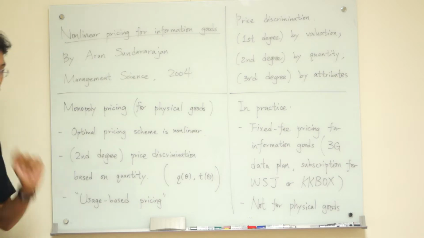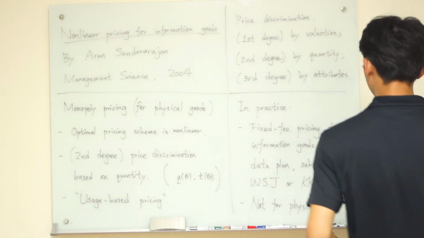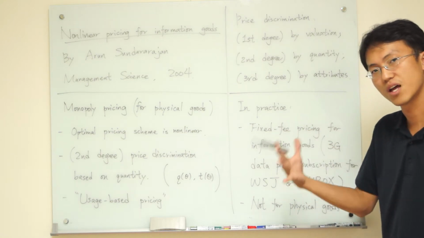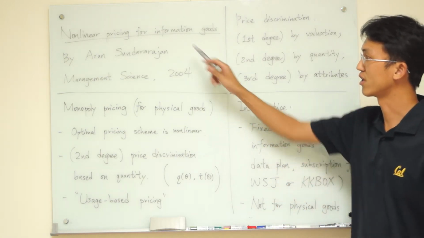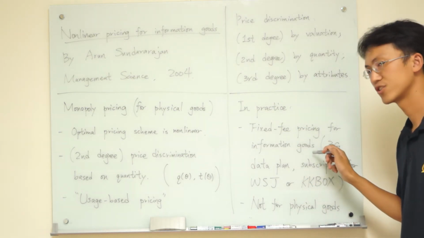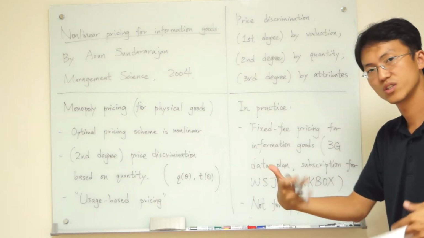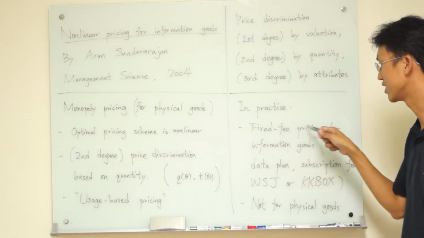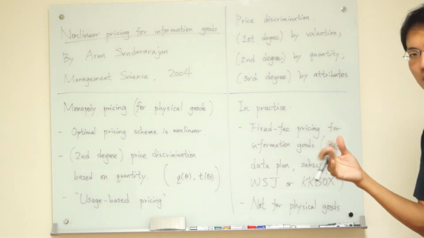Okay, natural. But something that is different is that in practice, sometimes things are different, especially for information goods. In particular, for information goods, we see a lot of cases with fixed fee pricing. So what does that mean?